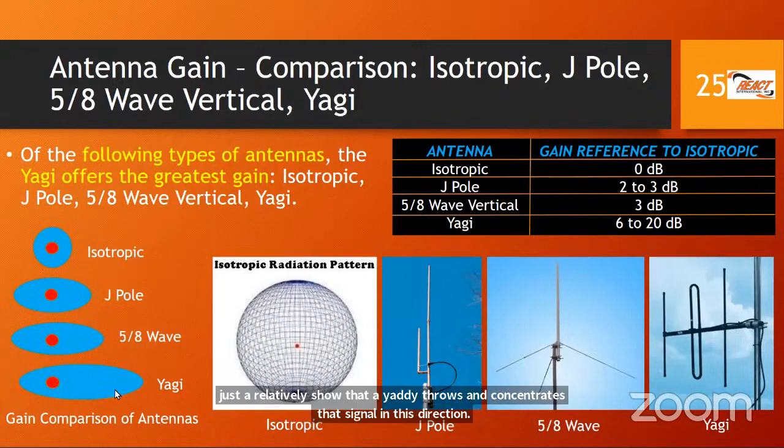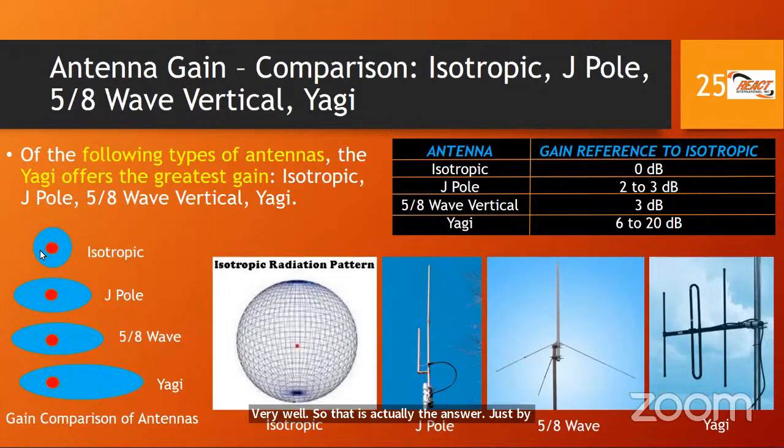So that is actually the answer. Just by looking at this here, when we look at the radiation pattern, all things else being equal, the Yagi will send that signal further and concentrate it even further. So therefore, it is the antenna that has the greatest gain. Again, look at them here. The isotropic radiator, ideal, no gain. We have the J-pole, which has a bit of gain.